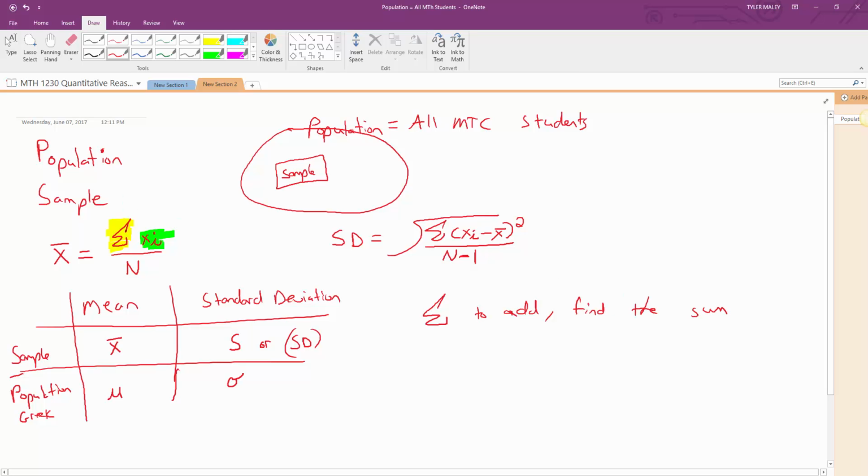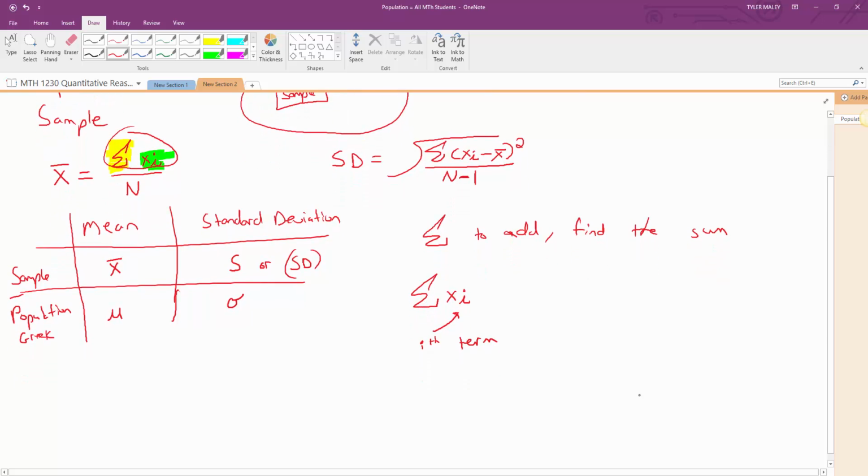right? So like here in x bar, if you look at this notation, we have sigma and then x sub i, right? So x sub i, this is referring to the ith term, right?